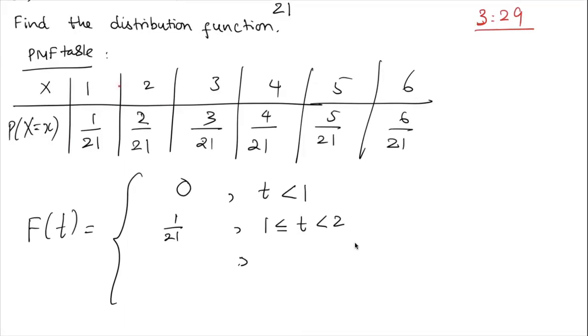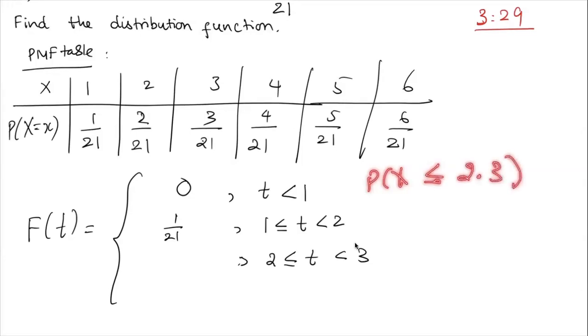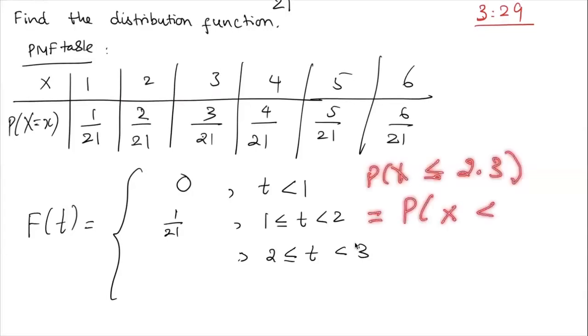Next, we move on to t between 2 and 3. We will have that the probability that x is less than or equal to t. Let's just pick some number between 2 and 3, like 2.3. It is the same as the probability x less than or equal to 2, right?